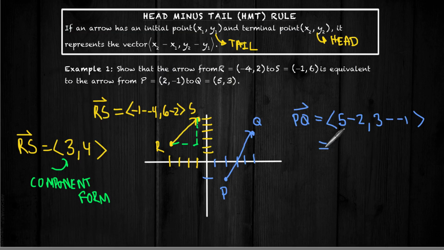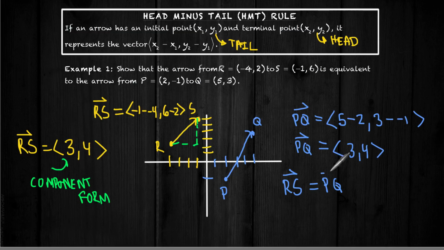So we get a vector PQ, which is equal to 3, 4, and because vector PQ has the same exact components as vector RS, we can say that vector RS is equal to vector PQ. Why? Because they are pointing in the same direction and they have the same magnitude.